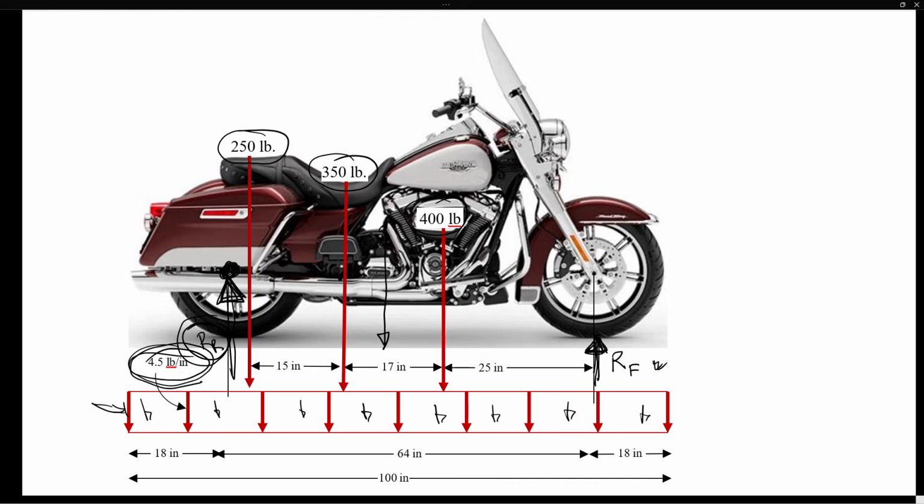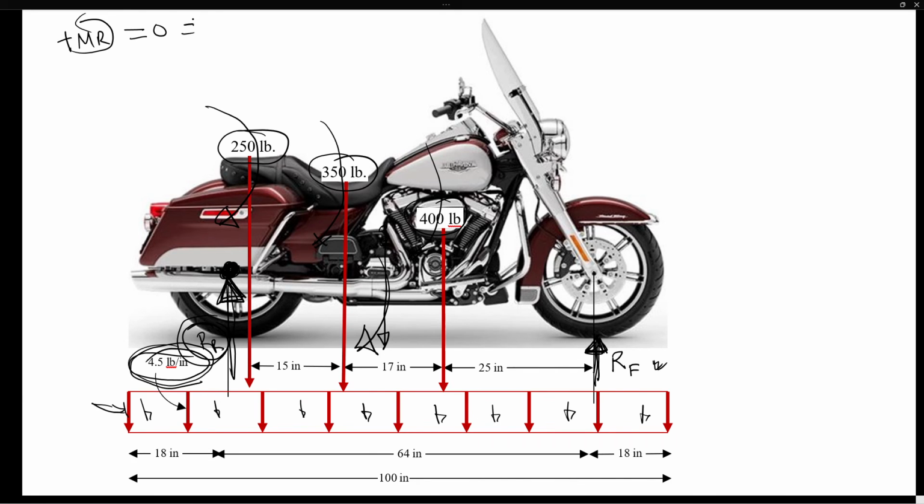If we look at the rear wheel, all these forces will do a clockwise moment. They try to rotate the motorcycle with respect to the rear wheel clockwise. So all these will be negative moments. So let's take moments with respect to the rear wheel, with counterclockwise positive, and everything sums to 0.